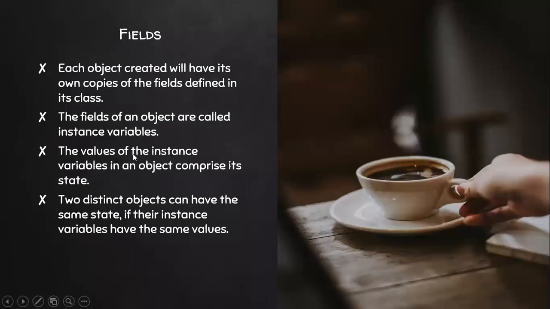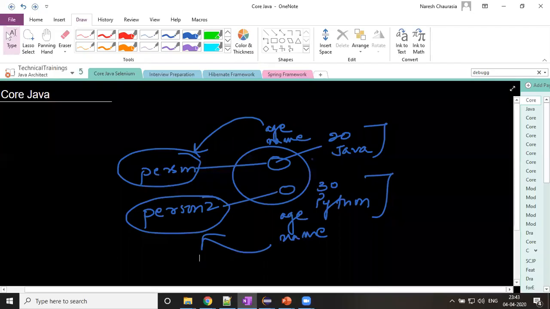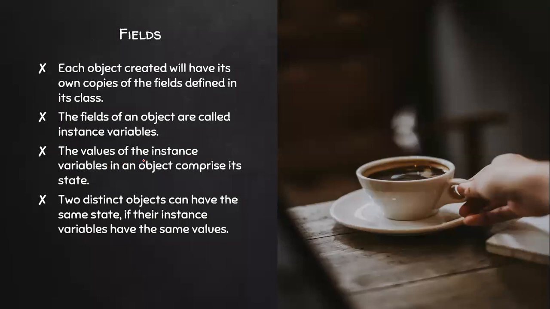Now the values of instance variables in an object comprise its state. It means that, for example, if you see here, this person has age as 20. So the state of this particular instance can be denoted by its current age, right? So the values of the instance variables in an object comprise its state.